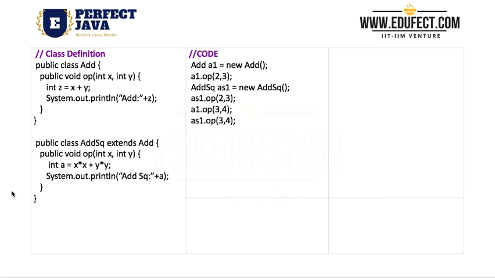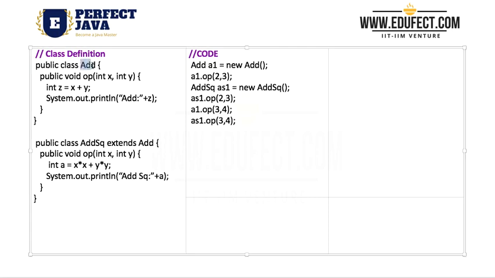Let's look at one more example. In this example we have a class add, and in the class add we have a method named op. And what is the signature of this method op? The signature of this method op is int comma int. The name of the method is op, and it takes two parameters of type int comma int.